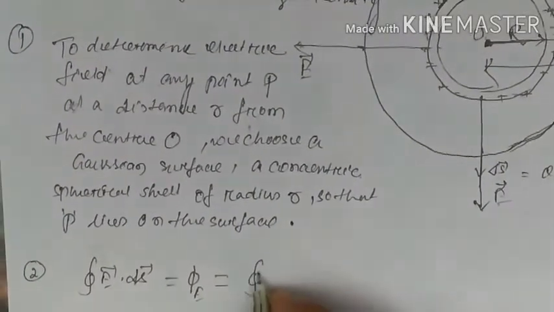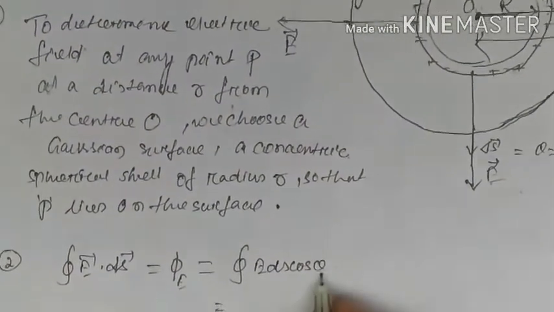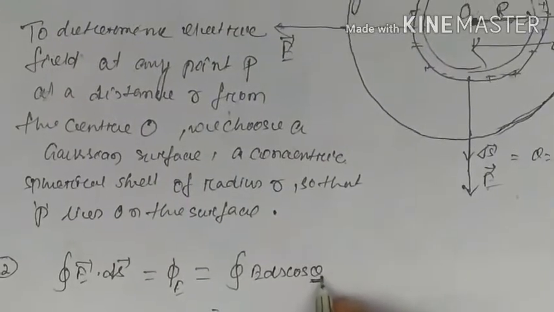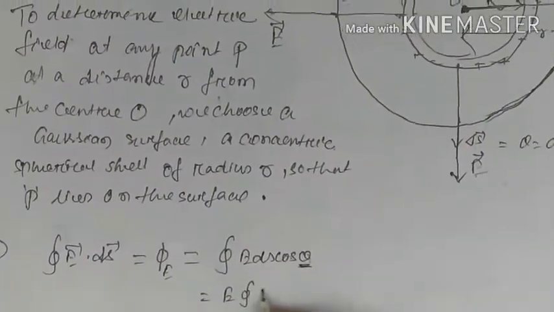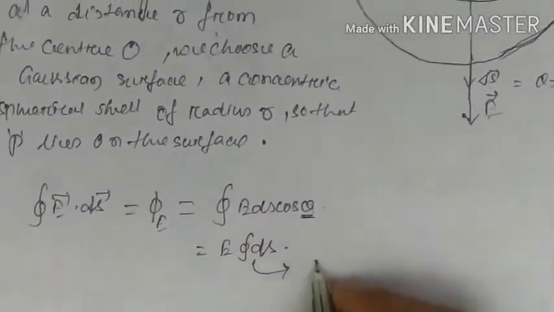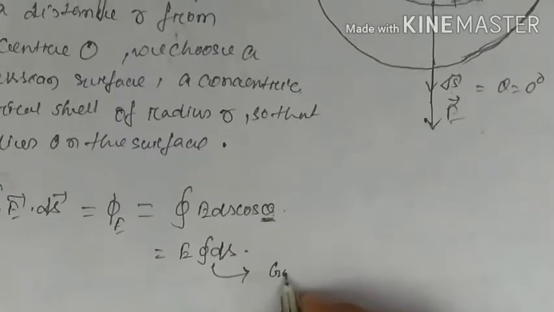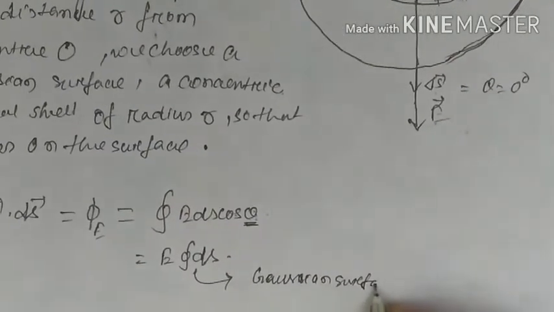We can simply write E dS cos theta. In place of theta we substitute 0, so cos theta is 1. So this ds is equal to the Gaussian surface area.